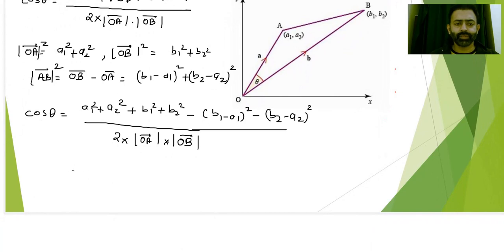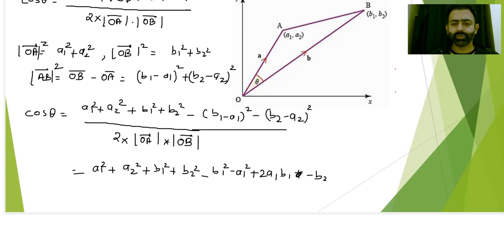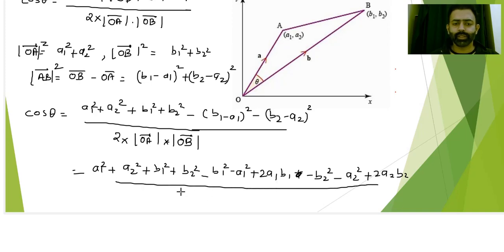Now just simplify this. This is a1 square plus a2 square plus b1 square plus b2 square minus the bracket b1 square minus a1 square, and here I will get minus of twice a1 and b1, and since the minus is outside the bracket, it becomes plus twice a1 b1. Similarly, in the second bracket you have minus b2 square minus a2 square but plus twice a2 into b2, and in the denominator the same thing is there, twice of mod a into mod b.